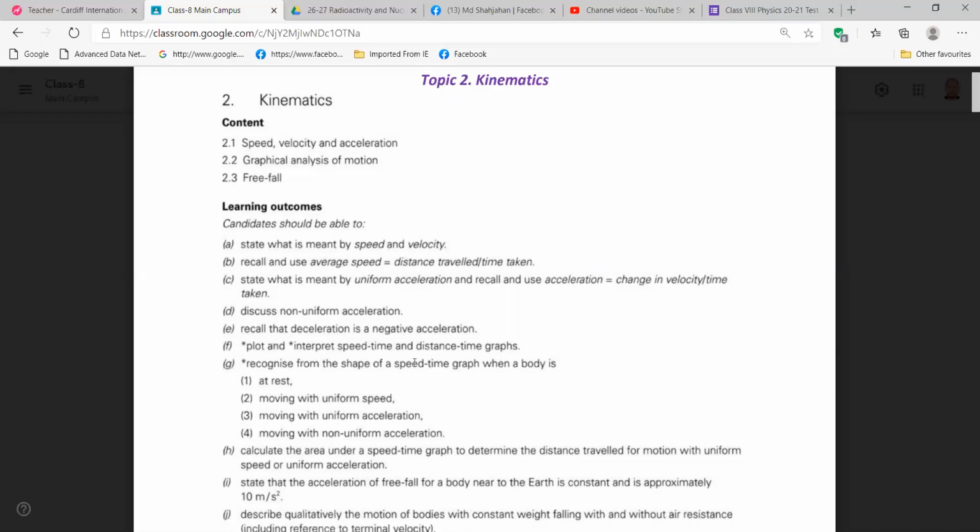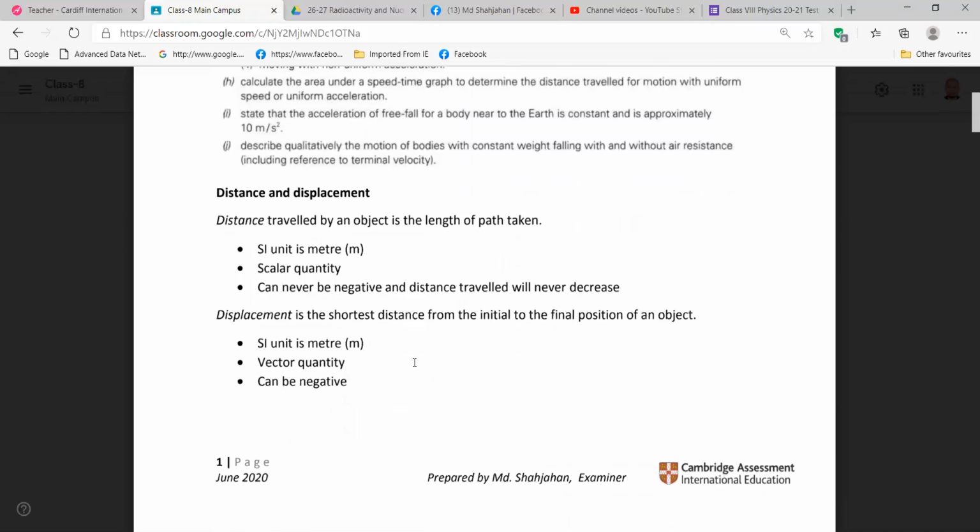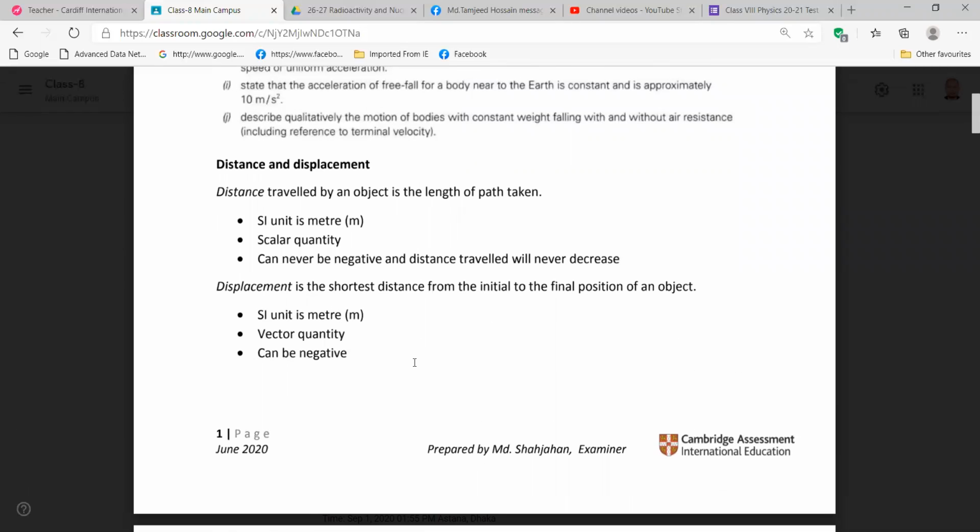So this one we are going to discuss today at the beginning, distance and displacement. Though it's not available in your learning outcomes, it's required to understand speed and velocity better. Here we have distance and displacement.